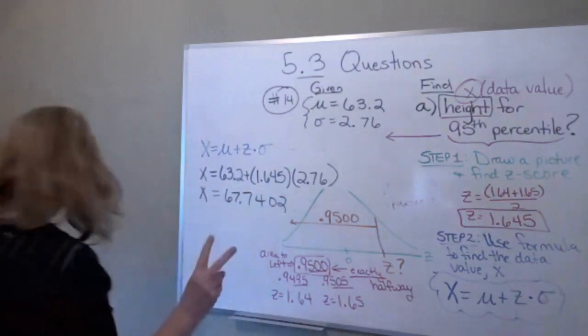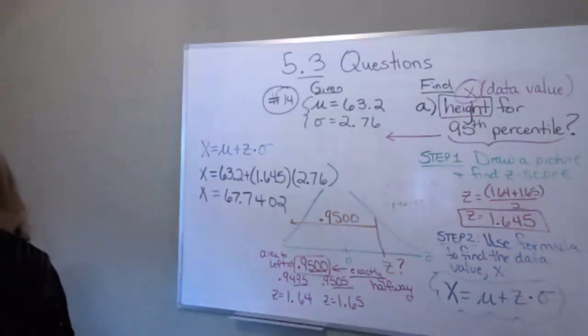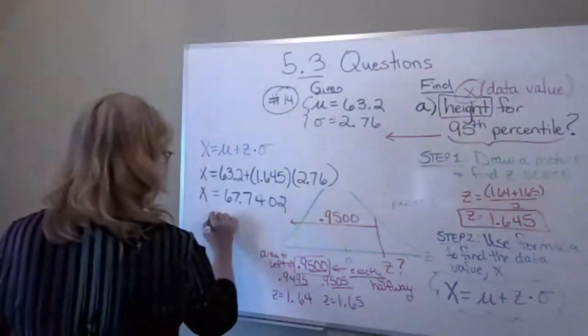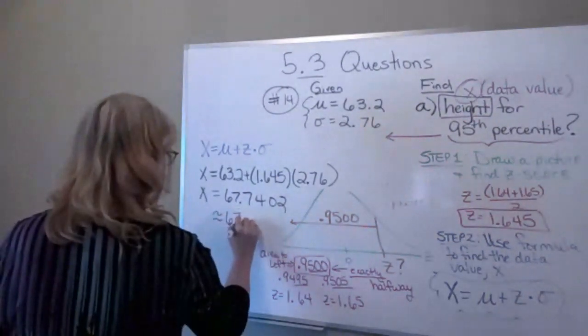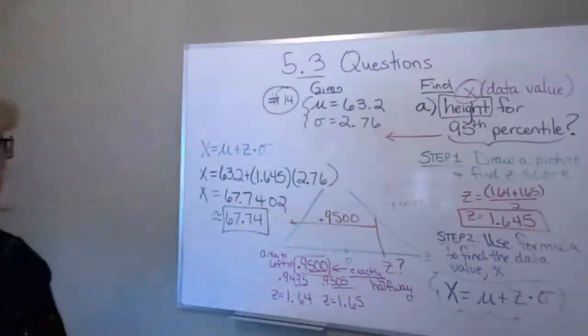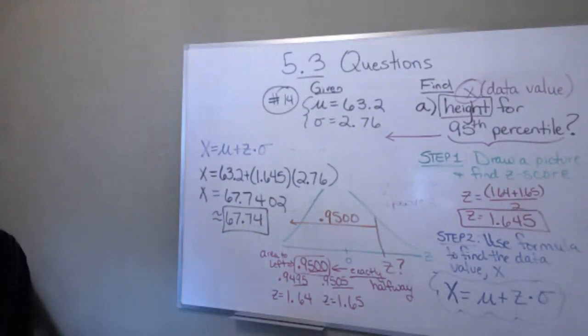It says round to 2 decimal places as needed. And so to 2 places, that would be 67.74. And that would be my inches. And that would be my final number, 67.74.